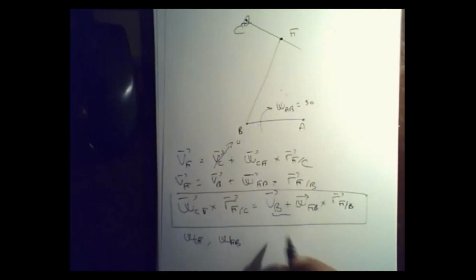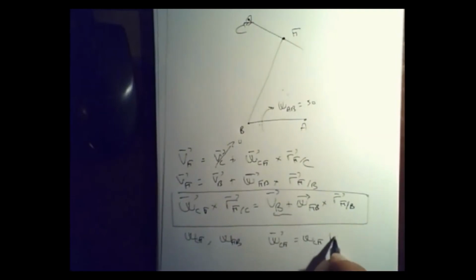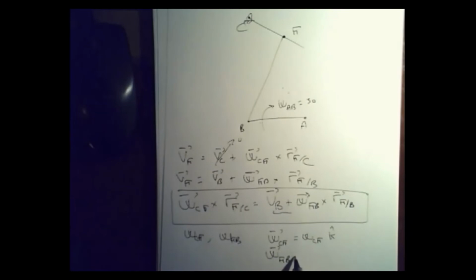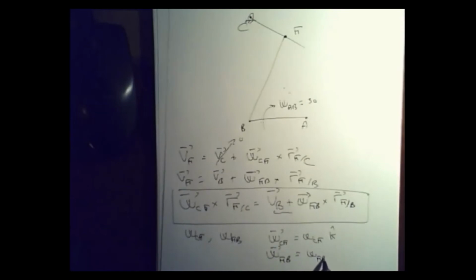And we don't know them, so what we'll do is, obviously, we're going to write omega CF is equal to omega CF K, right? And then omega FB is equal to omega FB K, right? So let me quickly do that.